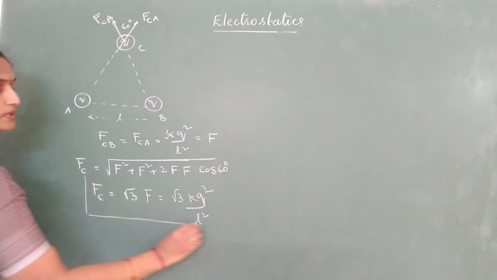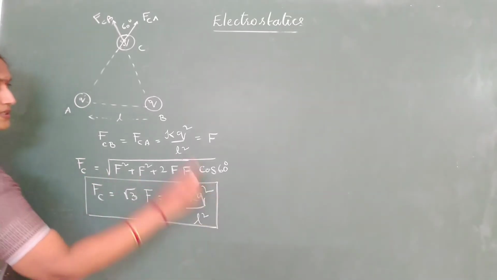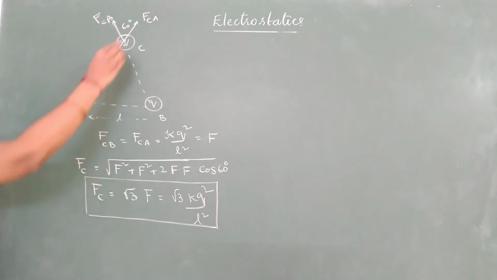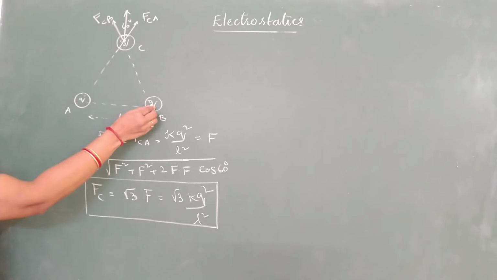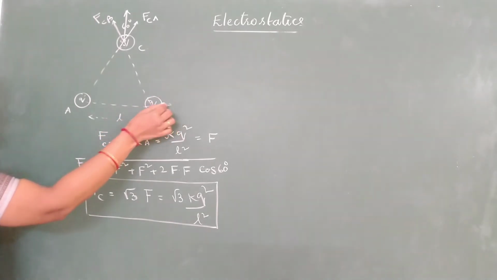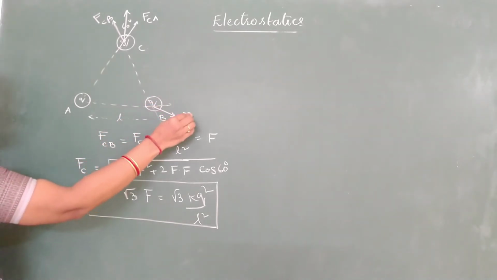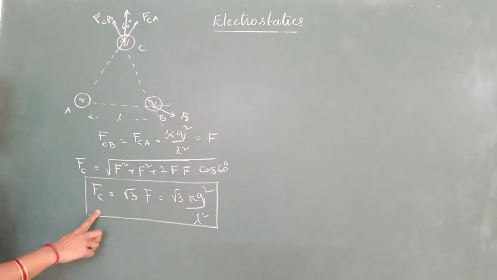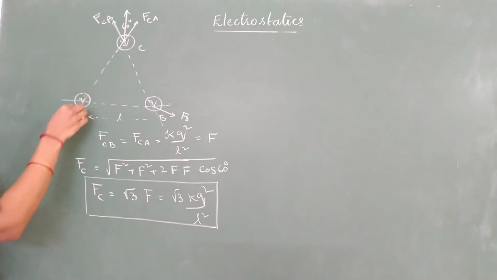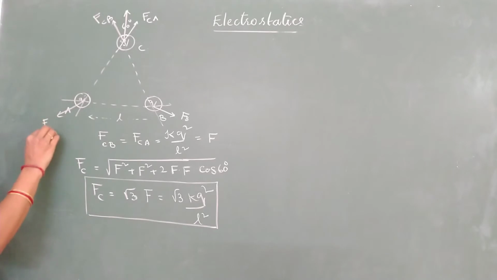So this will give you the force acting on the charge at the vertex C, which is directed upward. Similarly, if you find the force on B, even this is experiencing 2 forces, I'll get the resultant this side. This is the force on B, same in magnitude. On A, this is the force acting on A.